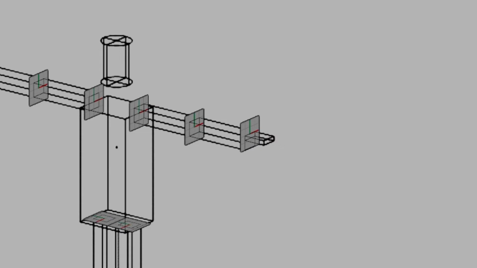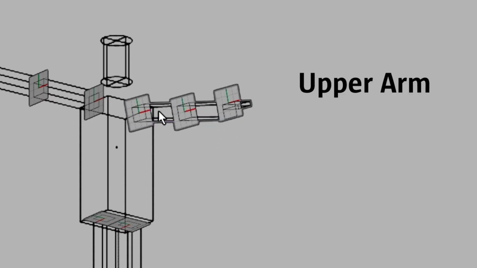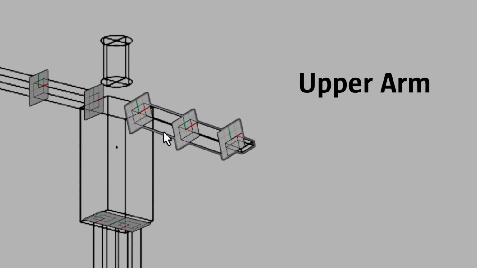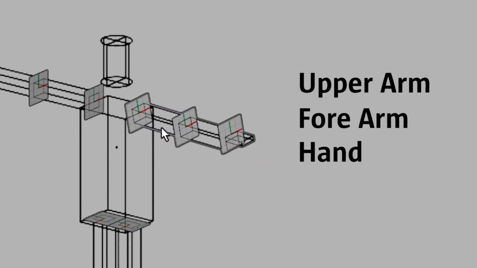Here I have prepared a simple example for a skeleton, and let's take the arm as an example. If we rotate our upper arm, we can see this changes not only our upper arm but also our forearm and hand. The same thing happens when rotating our forearm, in which the rotation also affects our hand.